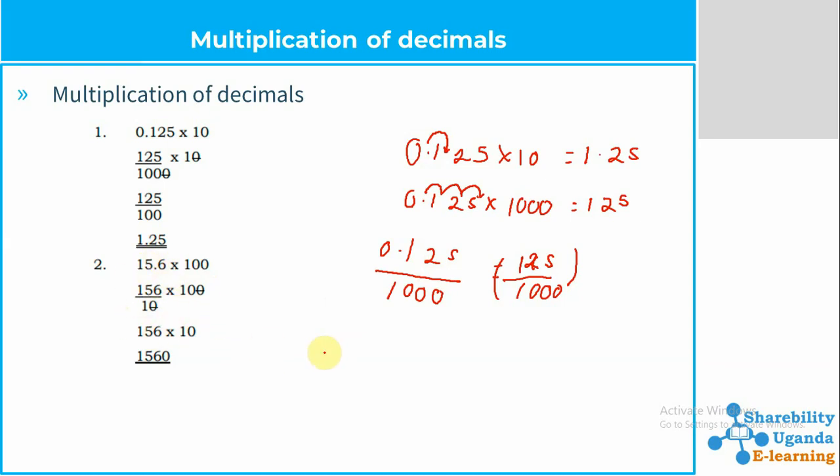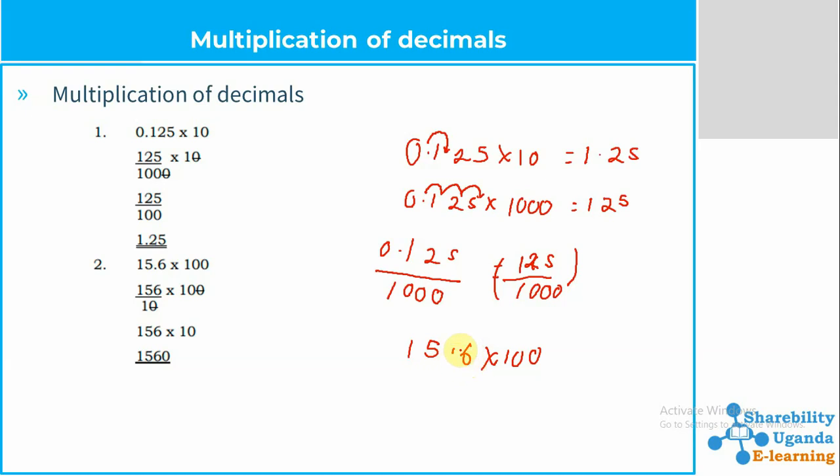For our second number, we have 15.6, and we are multiplying this by 100. How do we deal with this?